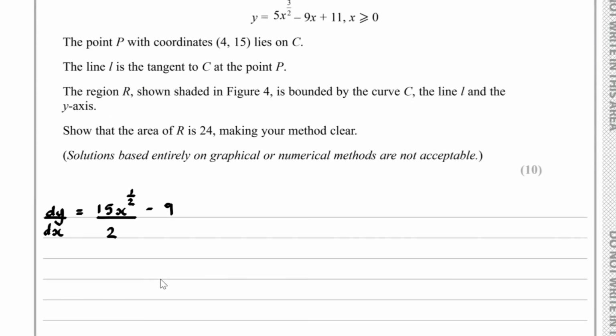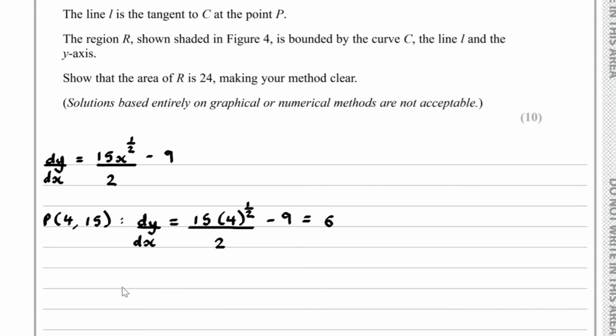So if I consider this point P with coordinates 4, 15, dy over dx will equal 15 lots of 4 to the power of 1/2 over 2 minus 9, and if we work out what this is, we get 6.